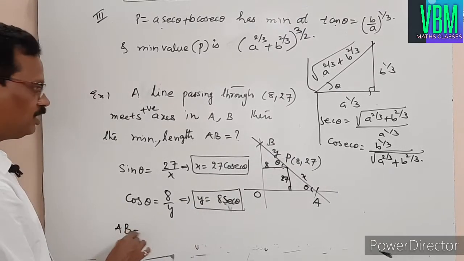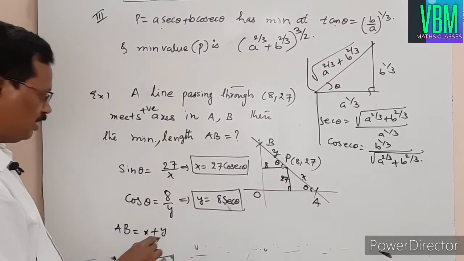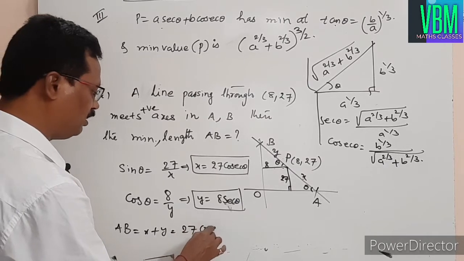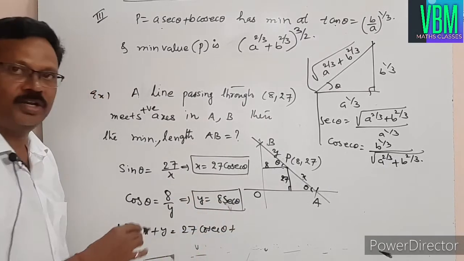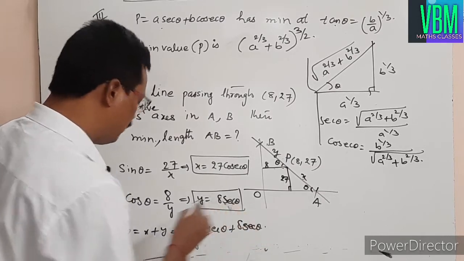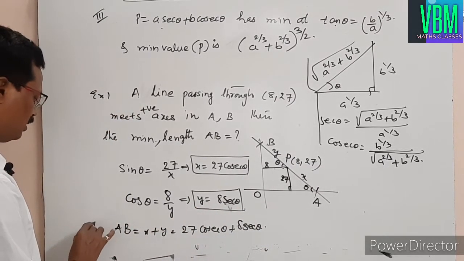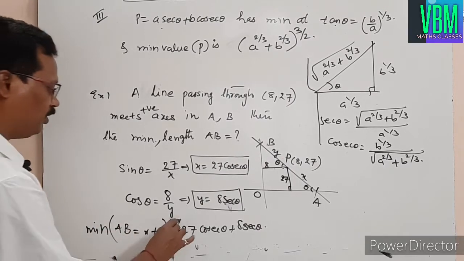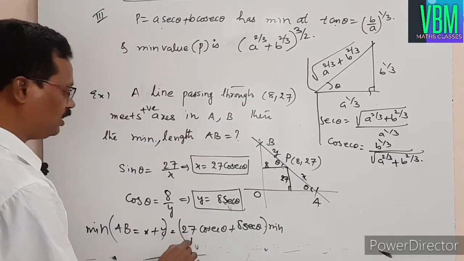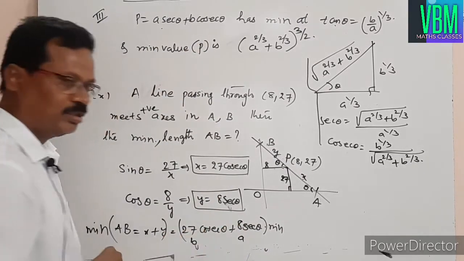Now AB length is equal to x plus y. Now x is equal to how much? 27 cosec theta. And what is y? That is 8 sec theta. Now what they are asking is the minimum of this. If we want this minimum, what is the minimum of this? B is 27 and A is 8 we got.